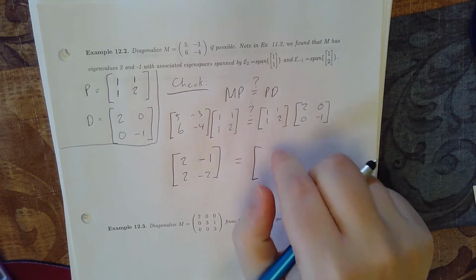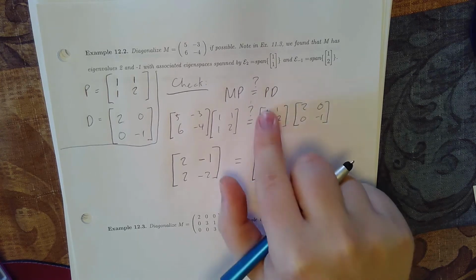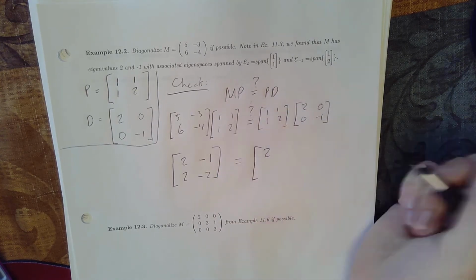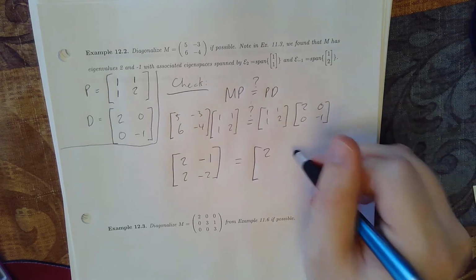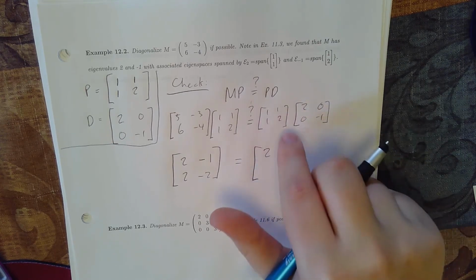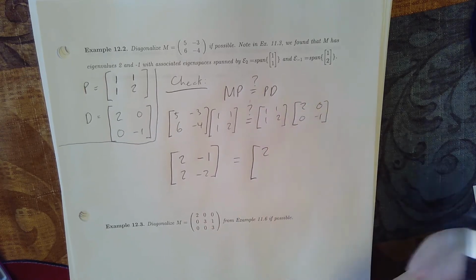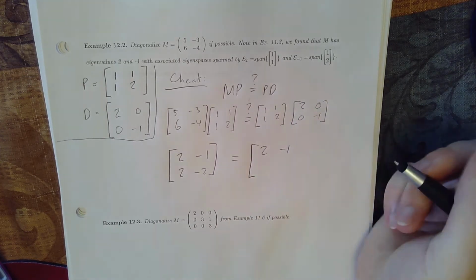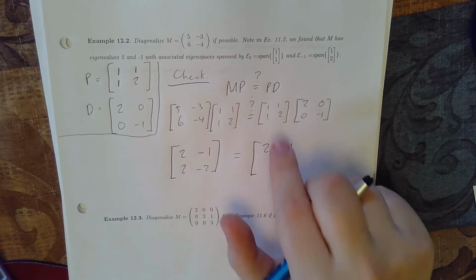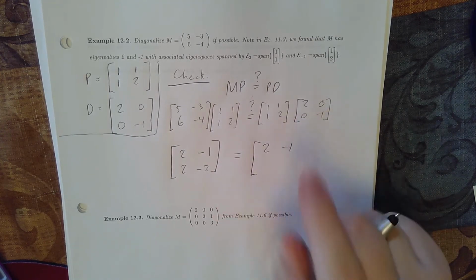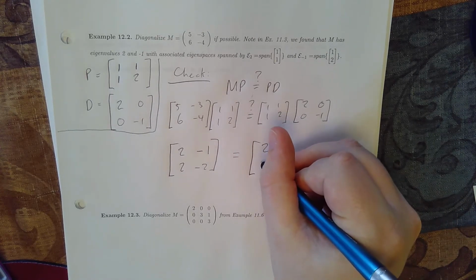So if we go ahead and find this 1, 1 entry, we'll take 1 times 2 plus 1 times 0, so 2 plus 0 is 2. For the next entry, we take 1 times 0 plus 1 times -1, so 0 minus 1 is -1. Our next entry will come from 2 times 1 plus 0 times 2, which will be 2 plus 0, which will be 2.